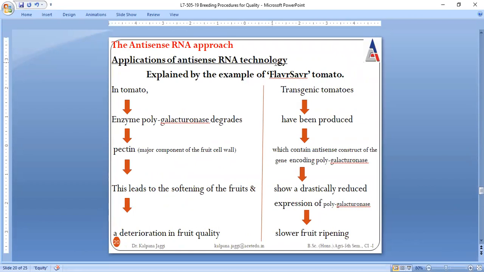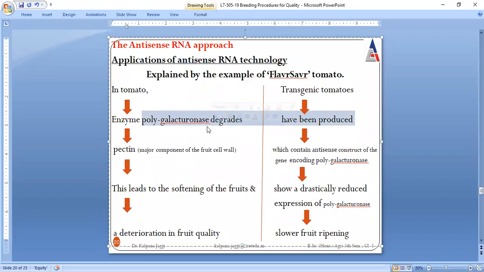As a result of antisense RNA technology in tomato, this can be better explained by the example of the flavr savr tomato, wherein, due to the presence of an enzyme called polygalacturonase, this enzyme is responsible for degrading pectin, and pectin is one of the major components of the plant cell wall.